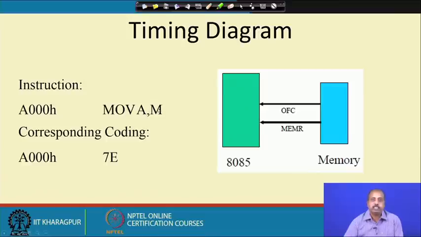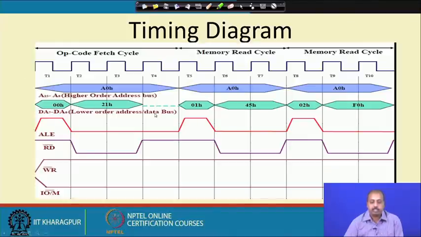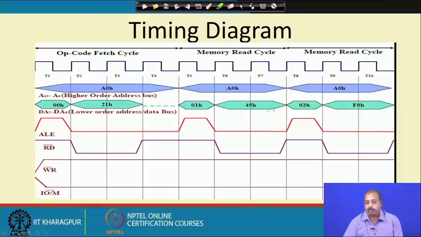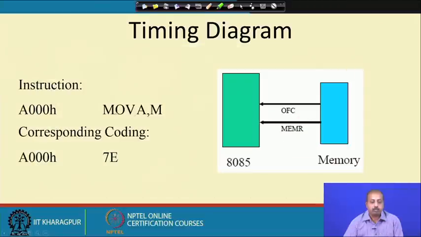The HL register pair acts as the pointer, like in the previous instruction. So, this should be LXI H, not LXI A. After the values 45 hex and F0 hex are available, these two values will be loaded into the HL register pair. Now, the instruction MOV A, M.